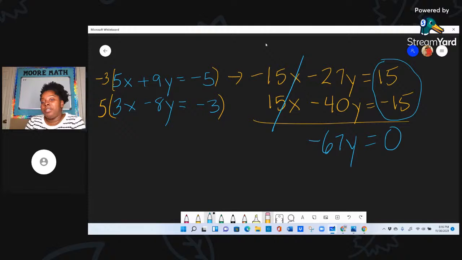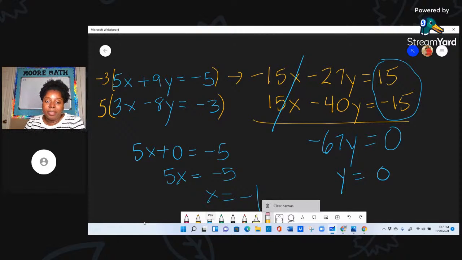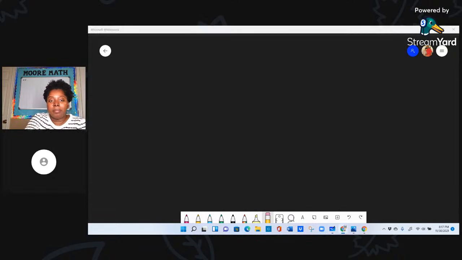And when you divide 0 by -67, you're going to get 0. And once you plug it back in, 5x plus 0 equals -5. 5 times what is -5? -1. You were absolutely correct. Excellent. Go ahead and do the next one.